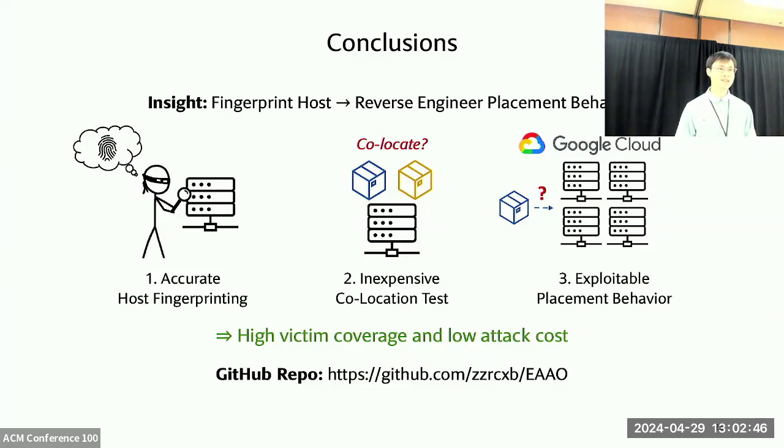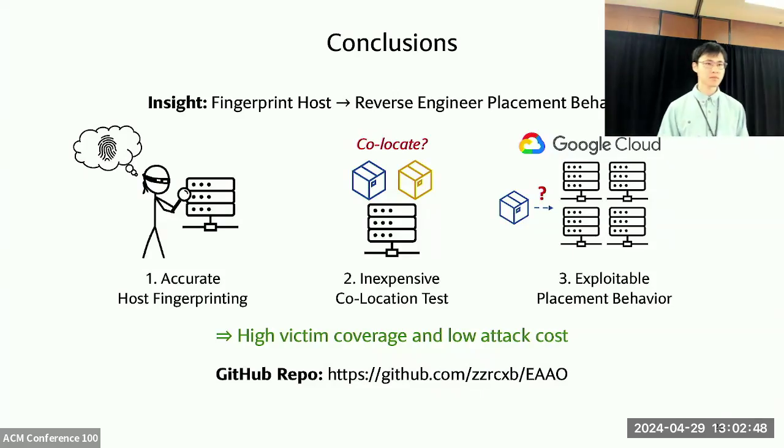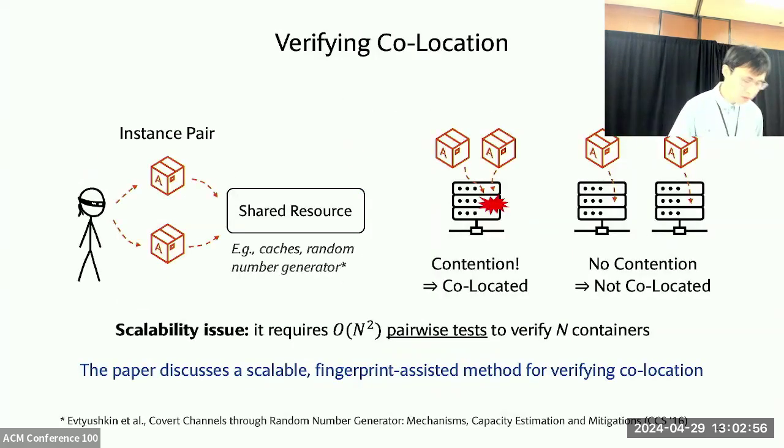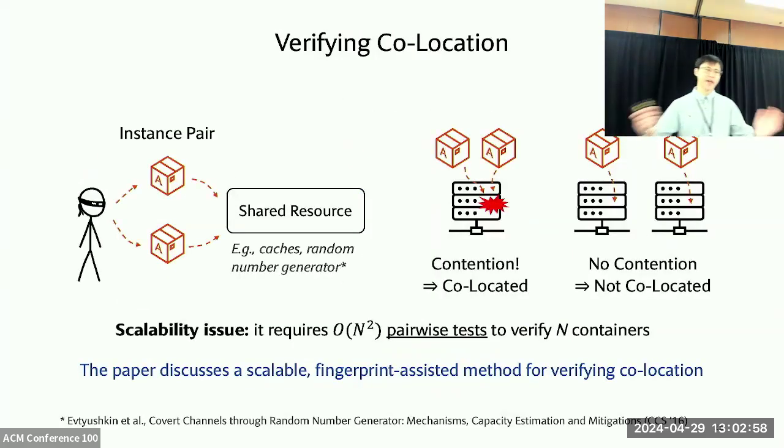Hi, thank you for the talk. On page 16, how do you get the ground truth? Basically, if you take a pair of containers, you make them put pressure on a shared resource. If they are actually co-located, you should see contention when they access this shared resource.